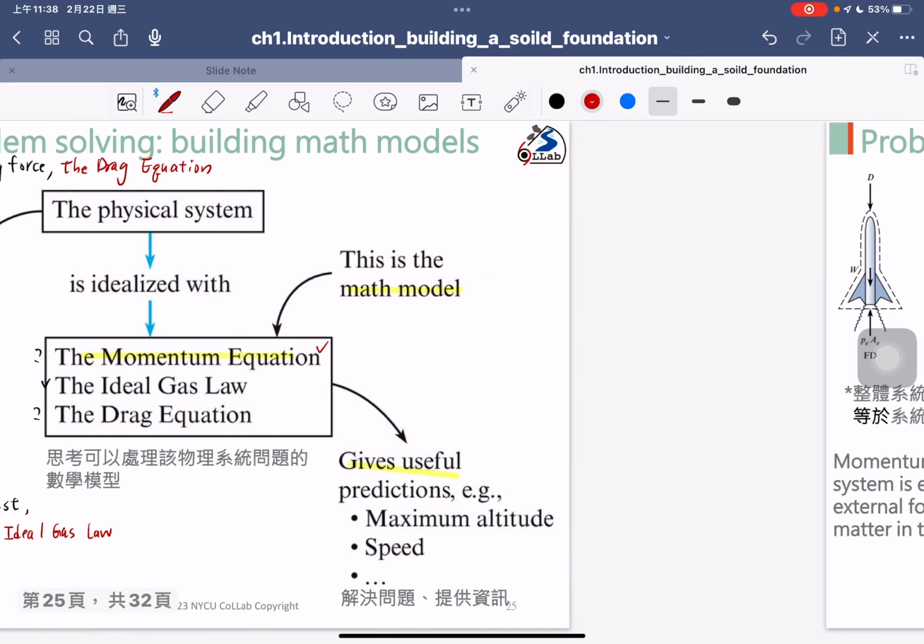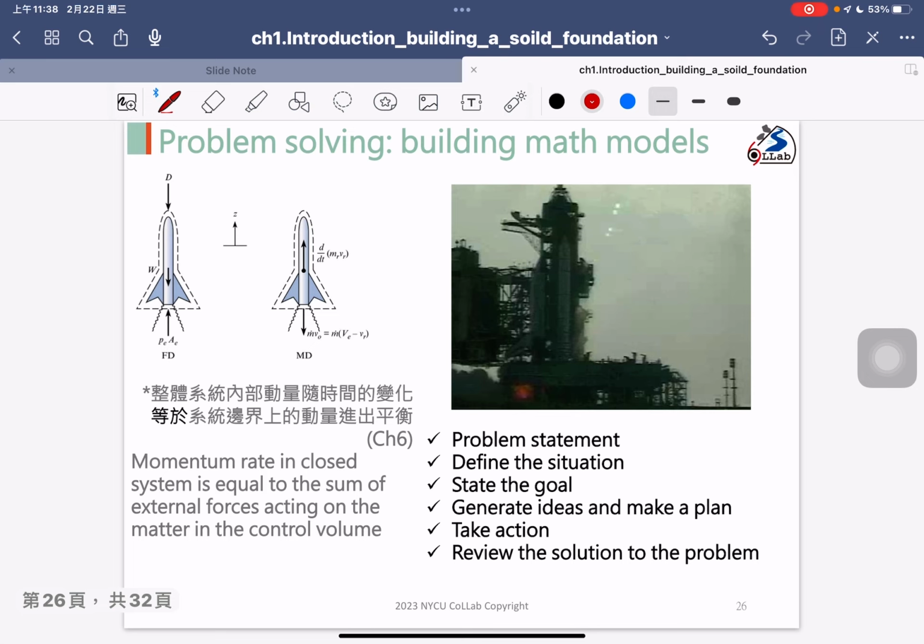So the next slide just summarizes the momentum equation. We make the force the left-hand side; this is the force diagram. And the right-hand side is the momentum. We know the momentum is the mass multiplied by the velocity.